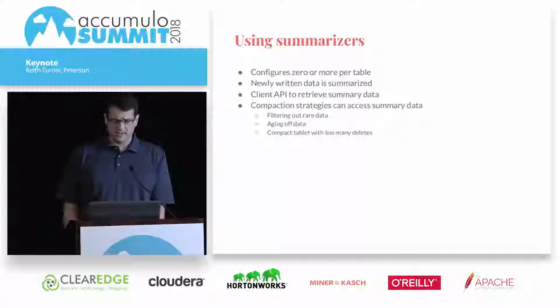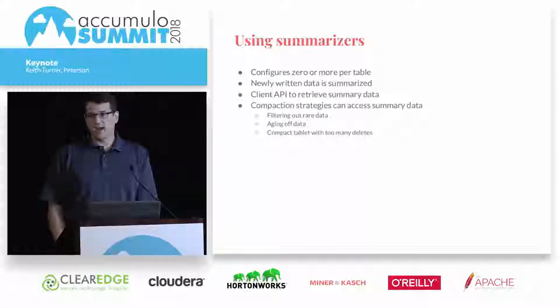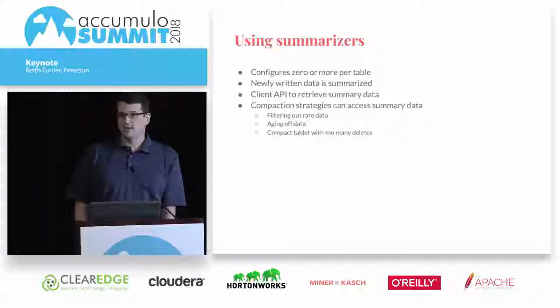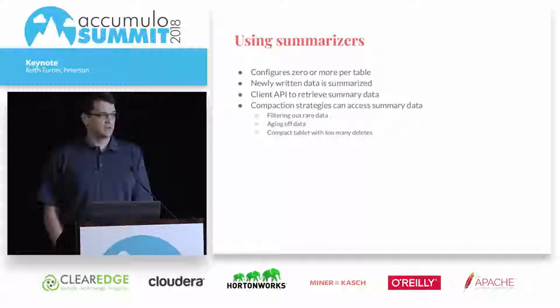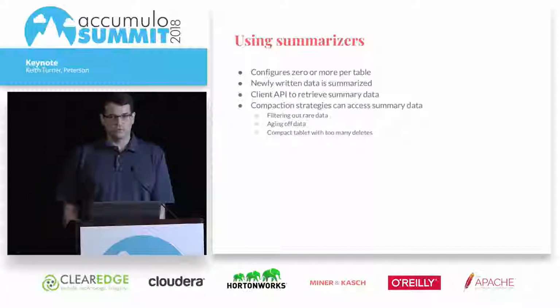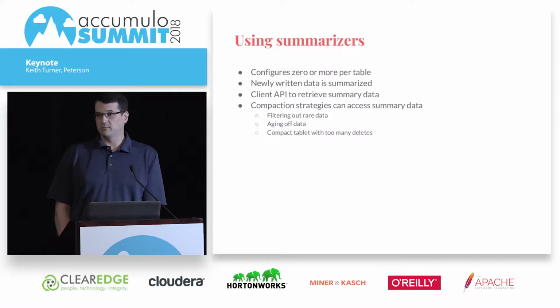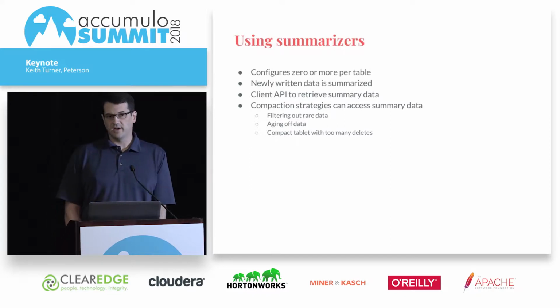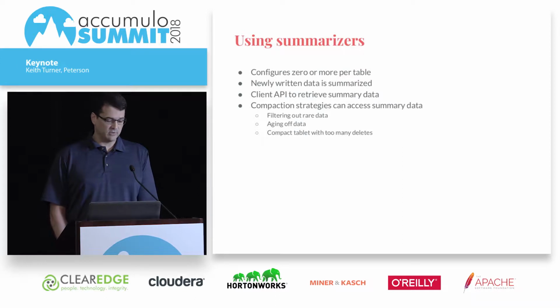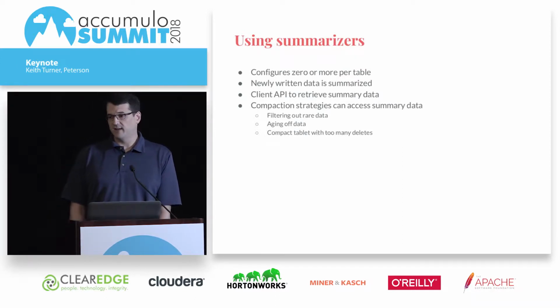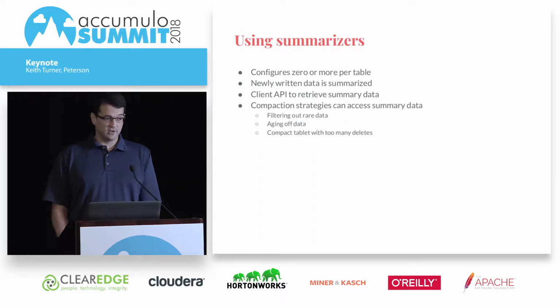Another use case would be, I want to compact files that have a certain percentage of delete entries. So the way Accumulo deletes data is it inserts delete markers, but the data is still there. And eventually it goes away when you do a full compaction of the tablet. But until that happens, when you scan, scans have to look at those delete markers and just skip over them.